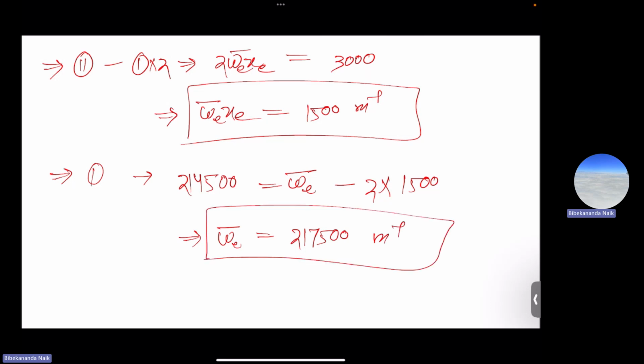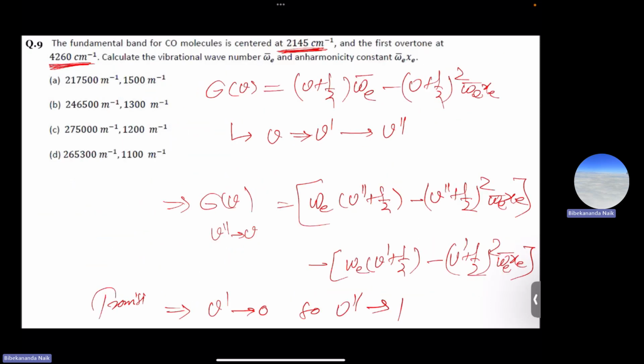So this is omega E xc, this is omega E. So the correct option is option A. Omega E is 217,500 meter inverse and omega E xc is 1500 meter inverse.